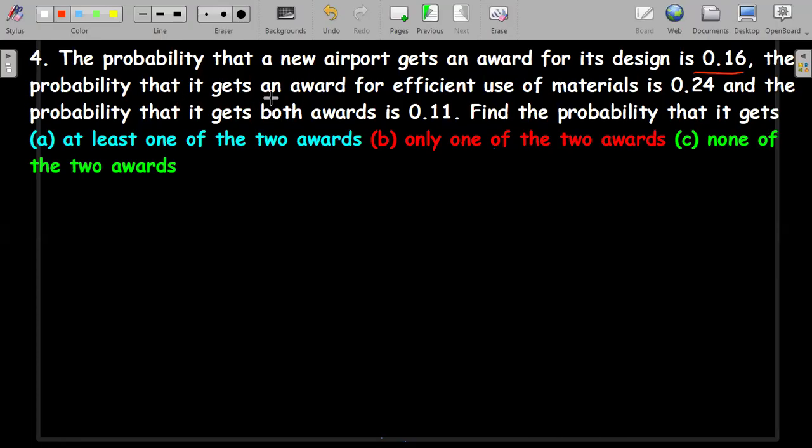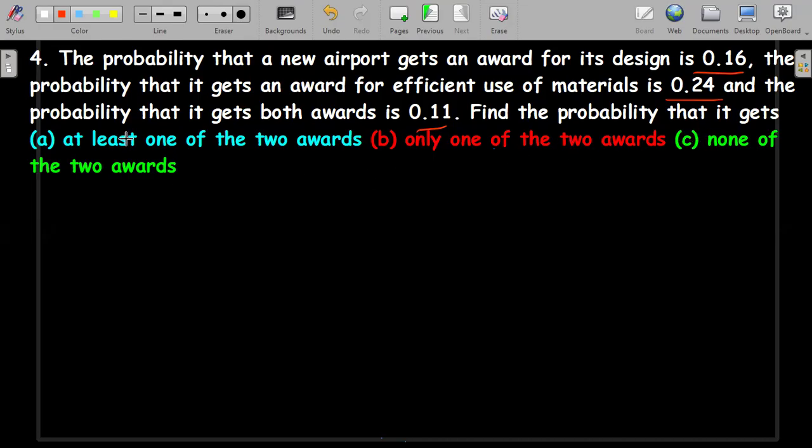The probability that it gets an award for efficient use of materials is 0.24, and the probability that it gets both an award for design and an award for efficient use of materials is just 0.11. Find the probability that it gets.